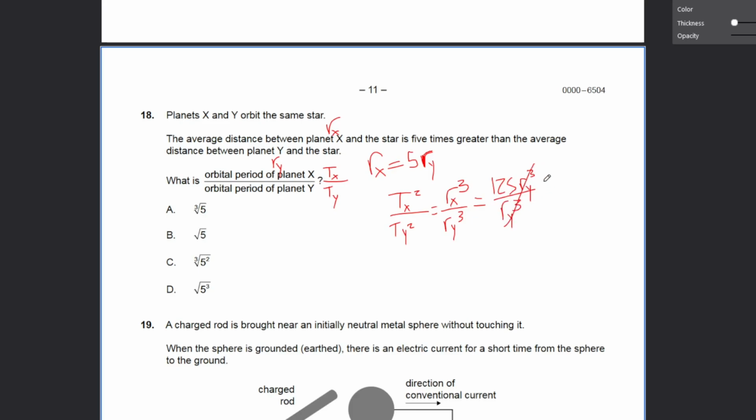So these cancel. We're left with 125 here. But this side is being squared. So T sub X over T sub Y is going to equal the square root of 125, which is the square root of 5 cubed. That's the form the answer choice wants it. So the answer is D.